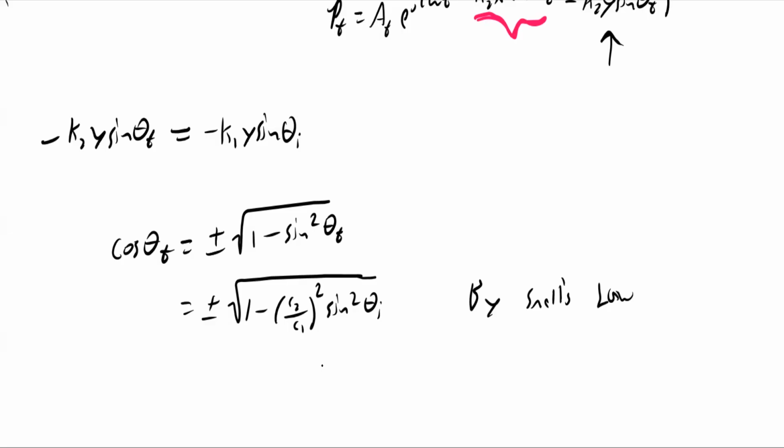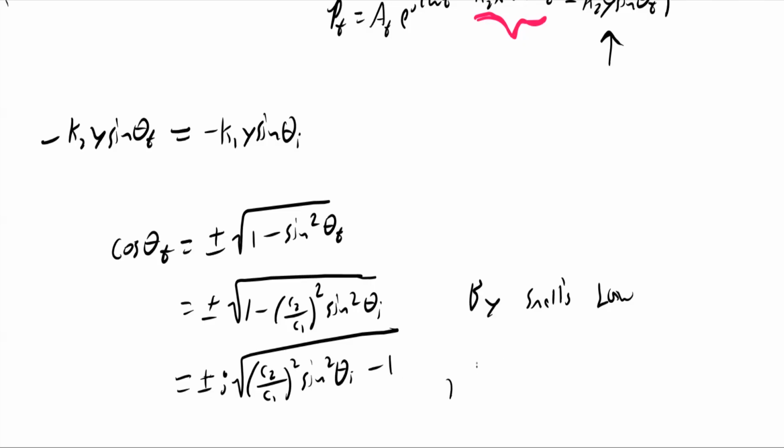But that would give us a negative under the square root. So we can take the imaginary number out and rewrite the square root as j times the square root of C2 over C1 squared sine squared theta I minus 1. This is when theta I is greater than theta critical.